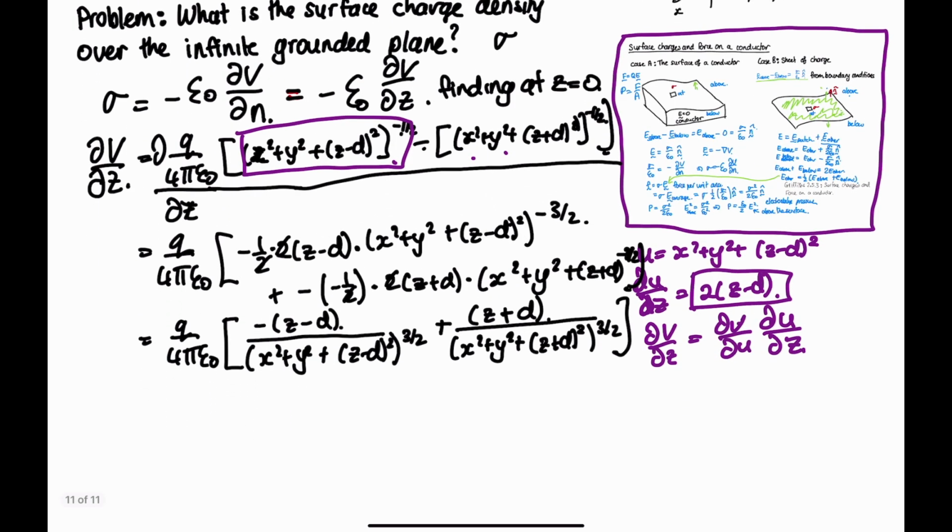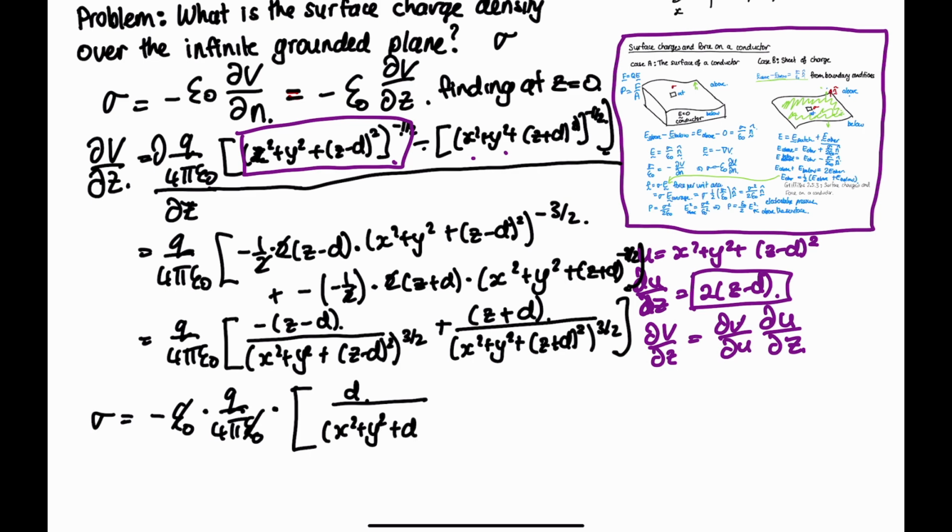Okay, and then what we were trying to find was sigma, which is minus epsilon naught dv/dz, but at z equals 0. So sigma is equal to minus epsilon naught q over 4 pi epsilon naught. So those epsilon naughts will cancel. And now I need to evaluate this thing here at z equals 0. So this will be d over (x squared plus y squared plus d squared) to the 3 on 2, because when I square minus d, I get plus d squared.